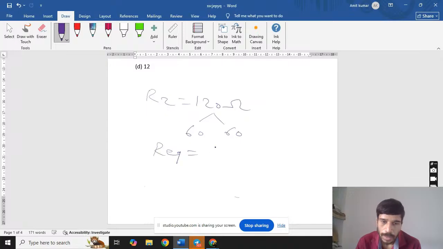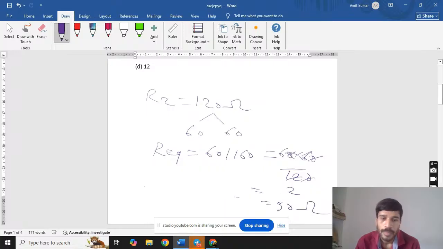R equivalent will be 60 in parallel with 60. So we will get 60 into 60 by 120, so we will get here 30 ohm.